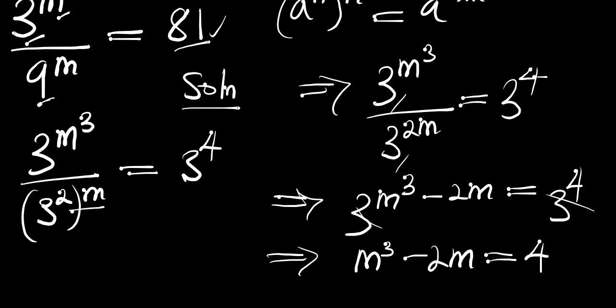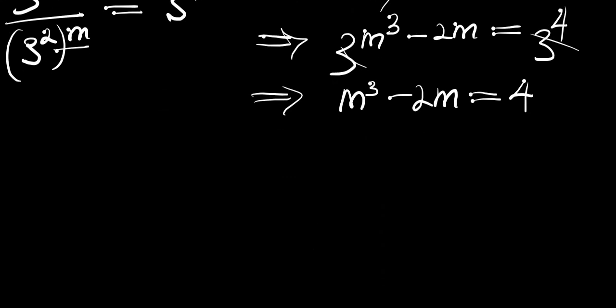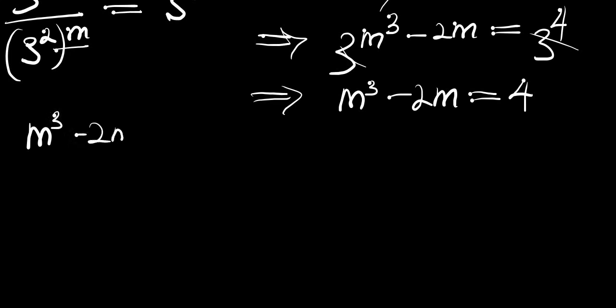So this becomes a cubic equation, and we can write it as m³ minus 2m minus 4 equals 0.